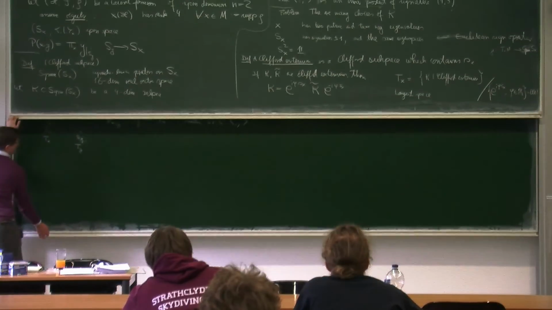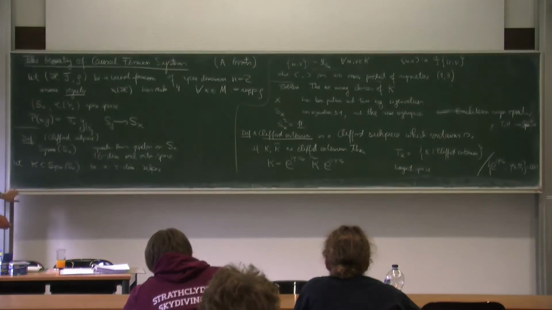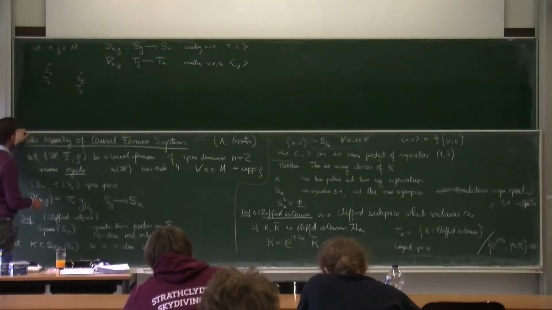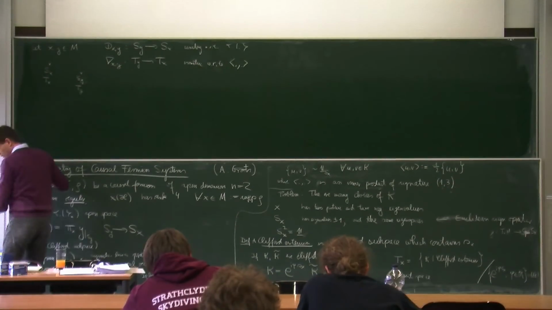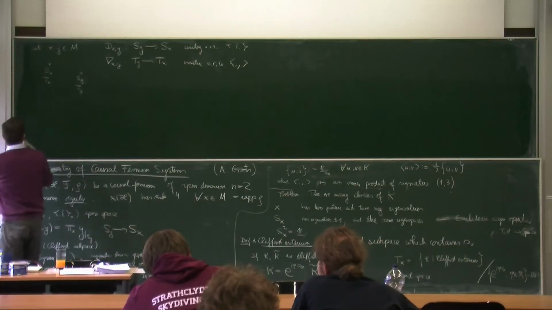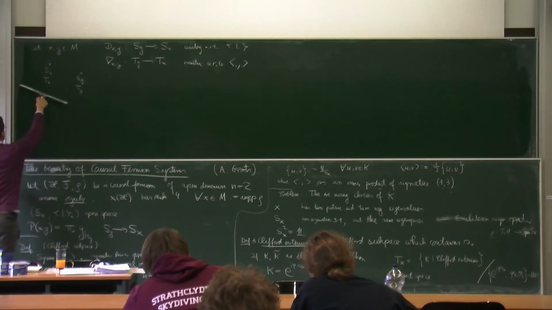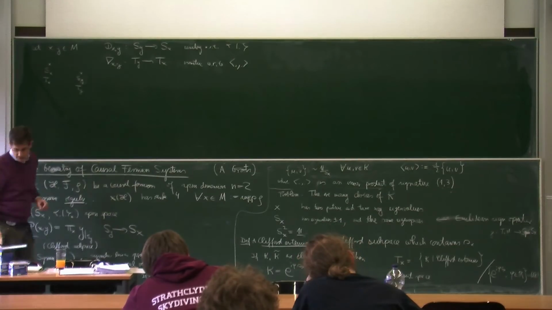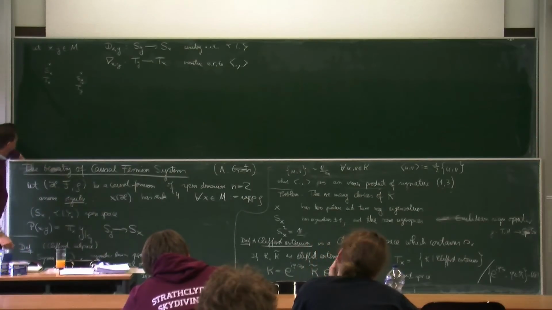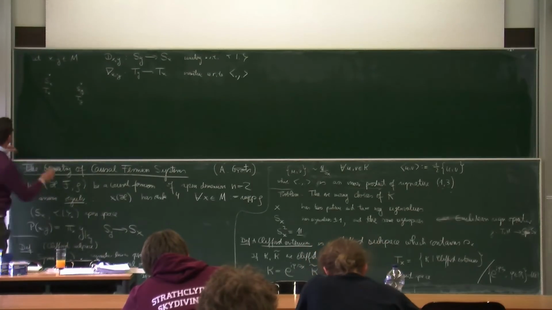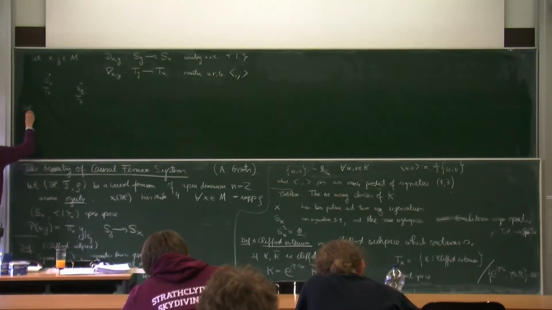The answer is, well, it can't be achieved in general, but we need one more important assumption, namely that the points x and y should be properly time-like separated. What does this mean? This is really a stronger notion of time-like separation.